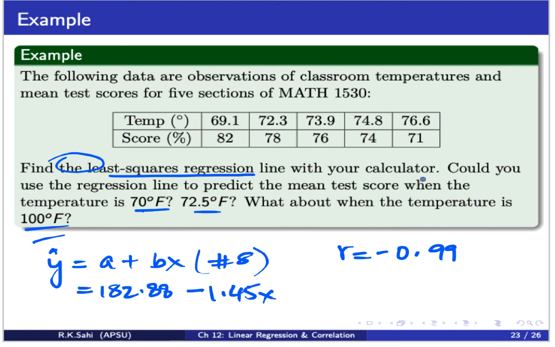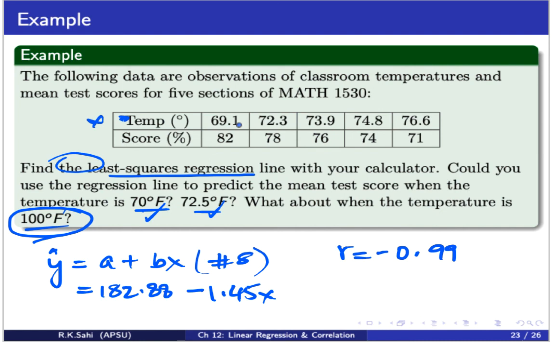It says, could this regression line predict the mean test score when the temperature is 70 degrees? Yeah, the minimum is 69. Yes, it is possible. 72.5, great, it is possible. But what happens when it is 100? Nope, because our data ranges, this X is the temperature, guys, remember. And by default, I'll always try to use the top row to be my X values.